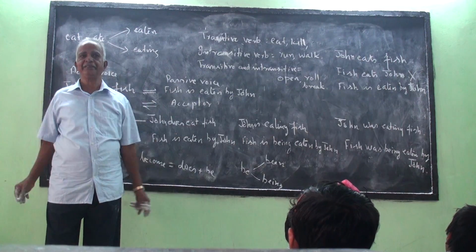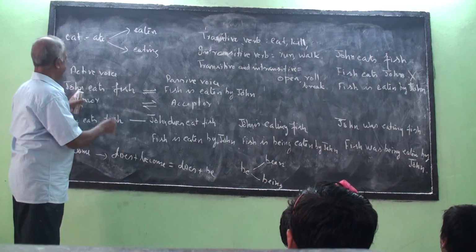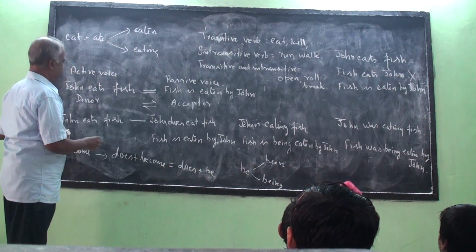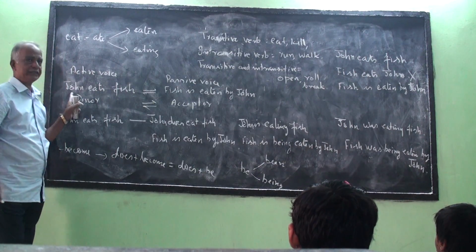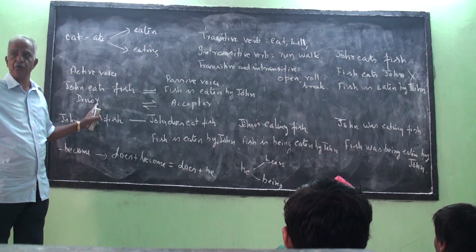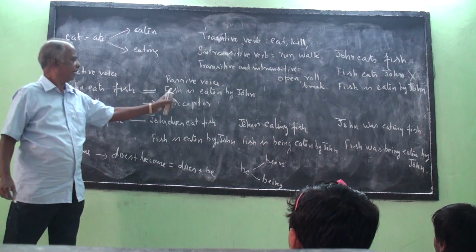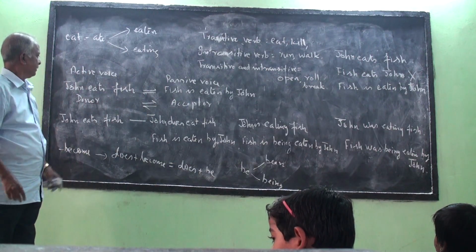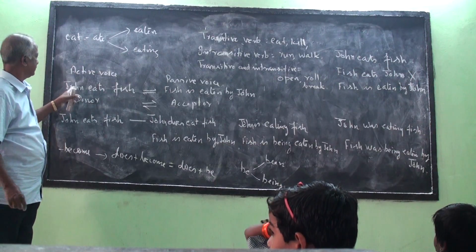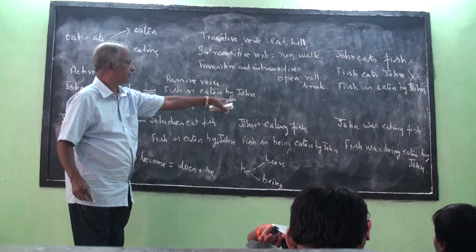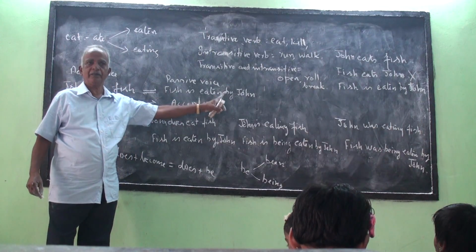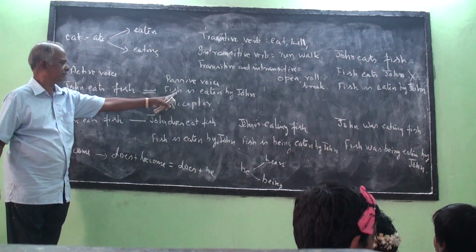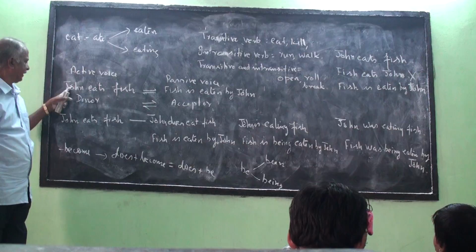The standard method is you consider John as the doer of that action, and fish as the acceptor, which receives the action of the subject. Take John to the end, followed by the by phrase, and you take the fish, the object in the active voice, to the first place.